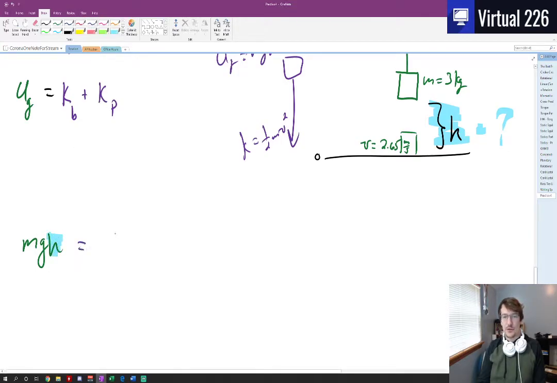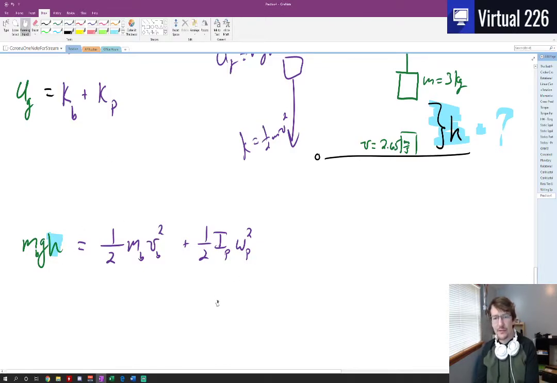This is going to equal 1/2, and I should really subscript this, this is the block right here, 1/2 the mass of the block times the velocity of the block squared, plus 1/2 the, oops, that's not a mass, that's a moment. The moment of inertia of the pulley times the angular velocity of the pulley squared. And I'm looking for h here.